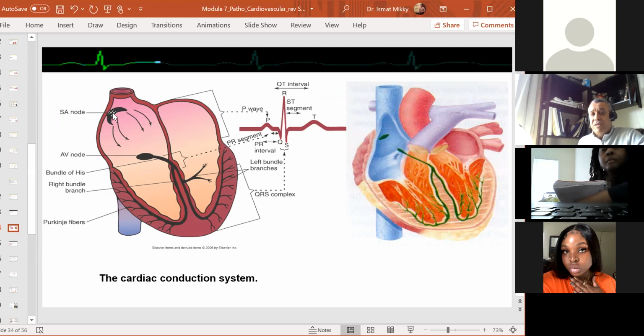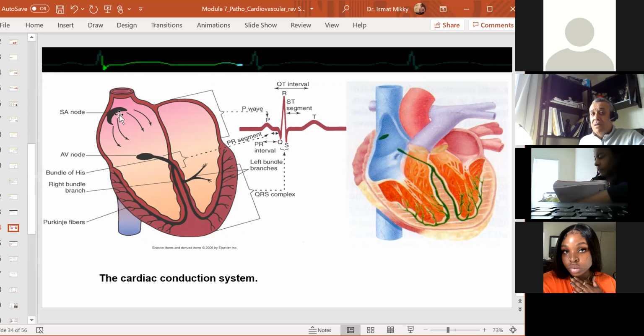We don't need a pacemaker because our SA node is working. When it's not doing the job or it's dysfunctional, then people will have a pacemaker implanted to replace the SA node or to work with the SA node, depending on whether it's a synchronous or asynchronous pacemaker. But the SA node is an intrinsic natural pacemaker.